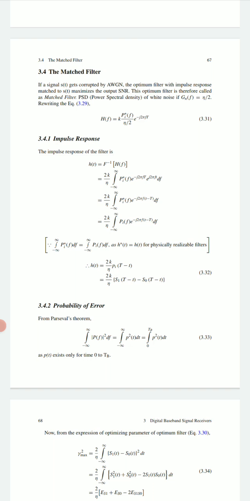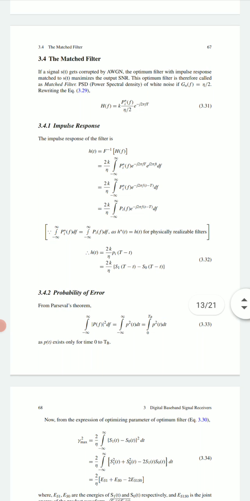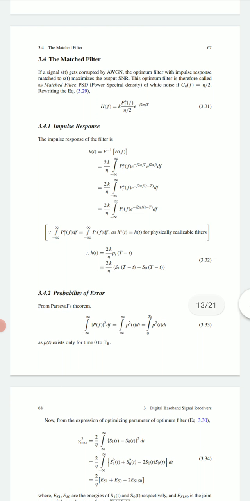If input is white Gaussian noise, we can call this optimum filter a matched filter. If the power spectral density of white Gaussian noise Gn(f) is equal to eta by 2, you will get its transfer function as H(f) equal to k into the complex conjugate of P(f) upon eta by 2, into e to the power minus j 2 pi f T.